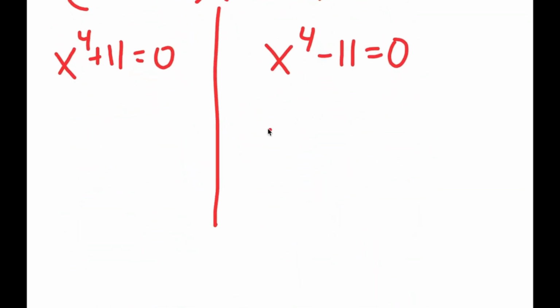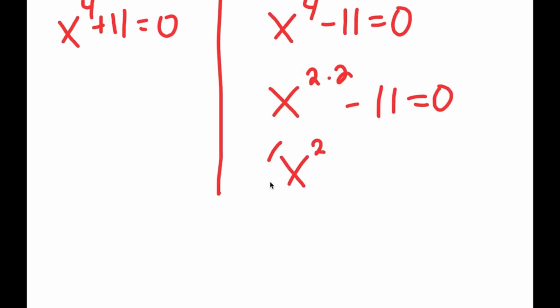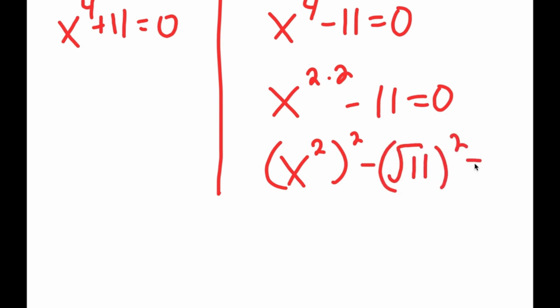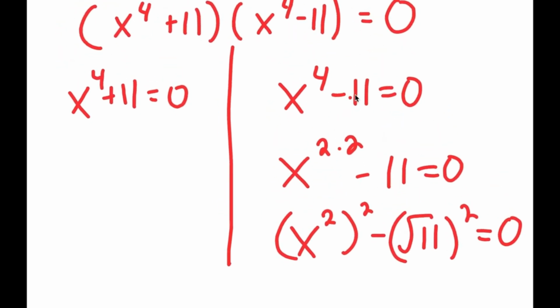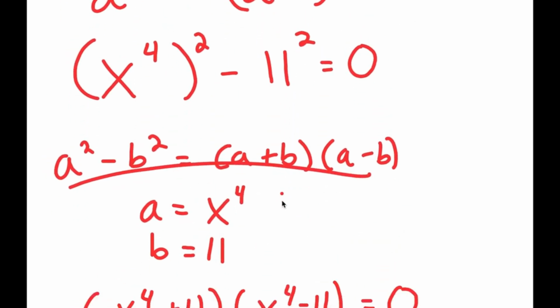I'm going to rewrite x to the power of 4 as x to the power of 2 times 2. And now I can rewrite that as x to the power of 2 to the power of 2. And 11, I'm going to rewrite as the square root of 11 squared. So now I can use this property again.